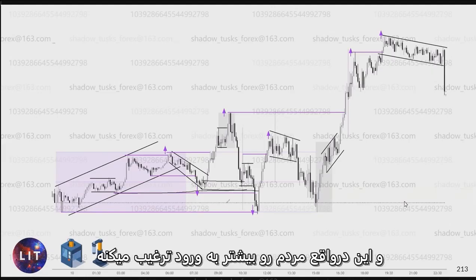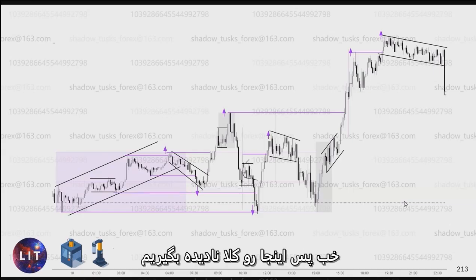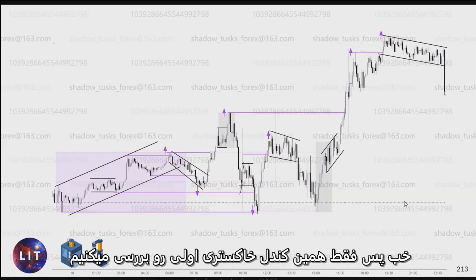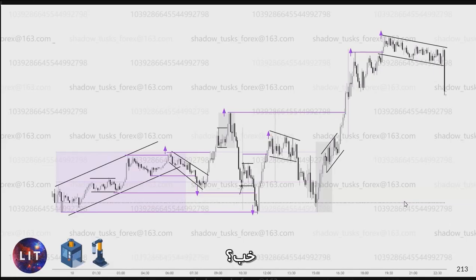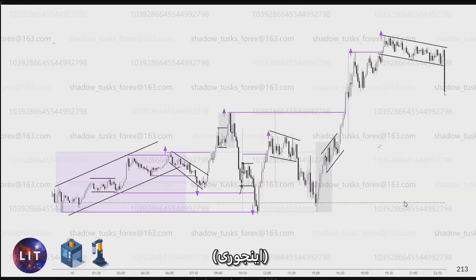And this is actually further enticing people in, because look, if you turn it off here, so let's ignore from this candle onwards. So we're just looking at this first grey candle. Look at this, right? At one point, this would have been just a fully bullish candle like that.